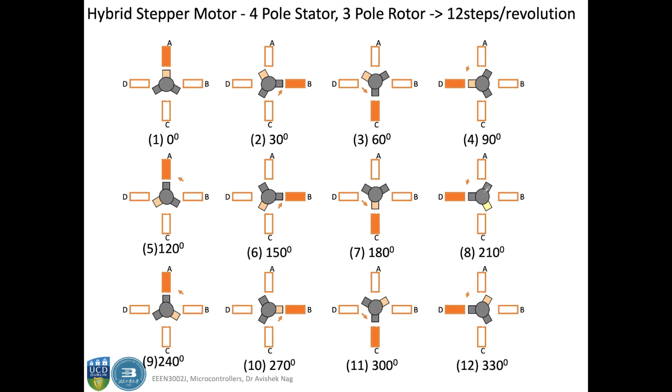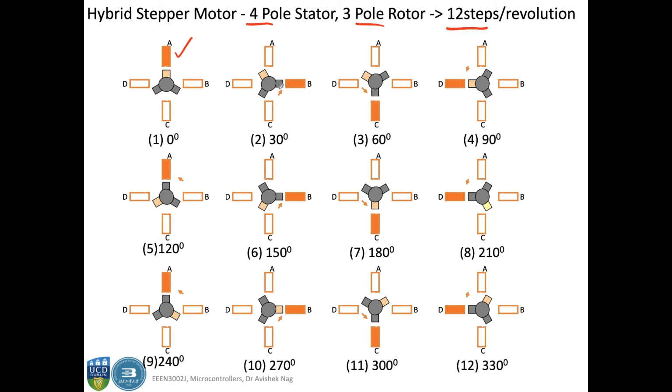Okay, so for the 4 pole and 3 pole scenario, where you can have 12 steps per revolution, the rotor will move at each step through an angle of 30 degrees like this. So if your A is activated, this field, then let's say this is your initial position.